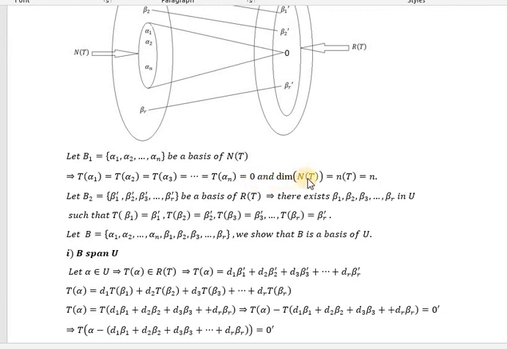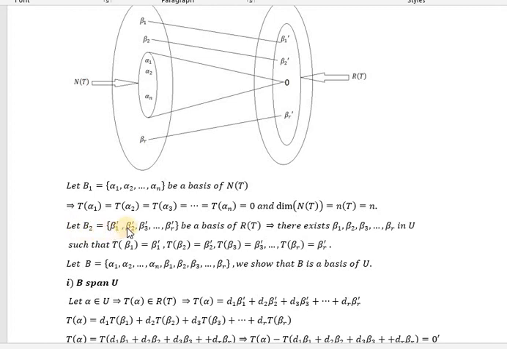And the dimension of N of T is equal to small n. The dimension of null space is nothing but nullity. Nullity is denoted as N of T, which is equal to n.